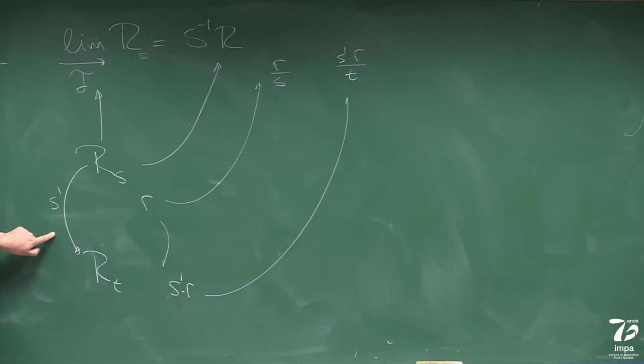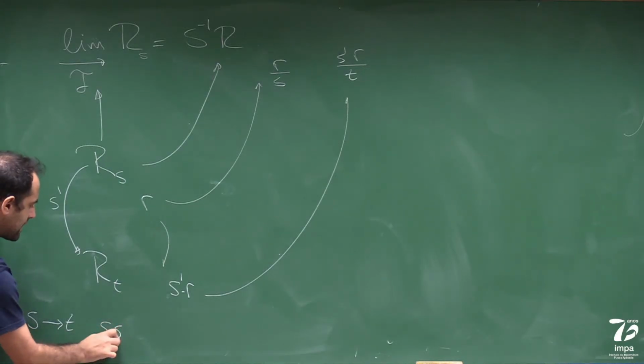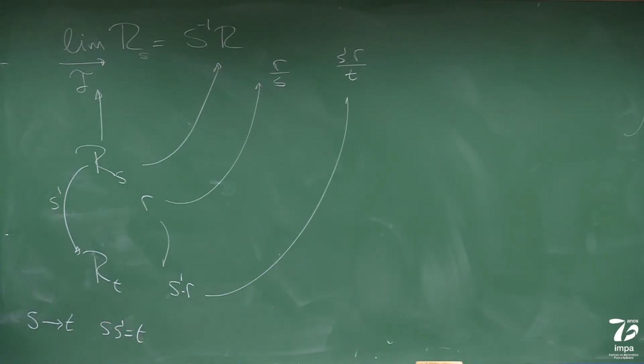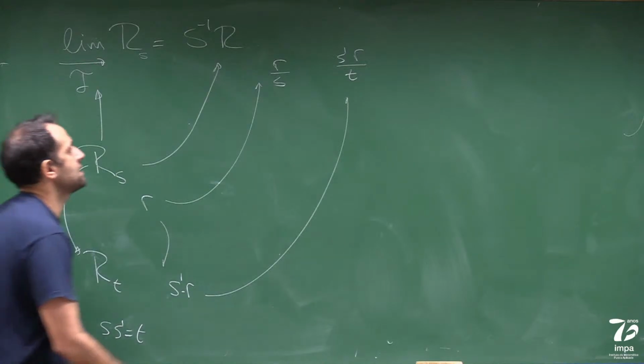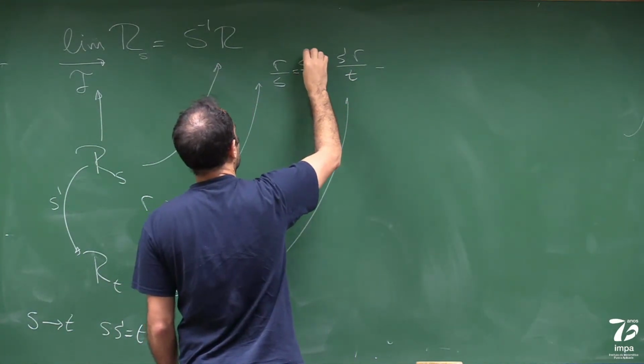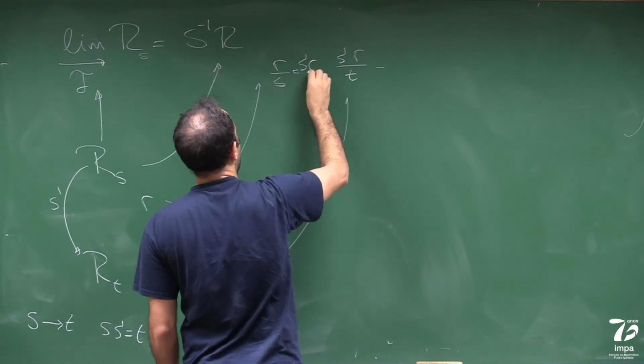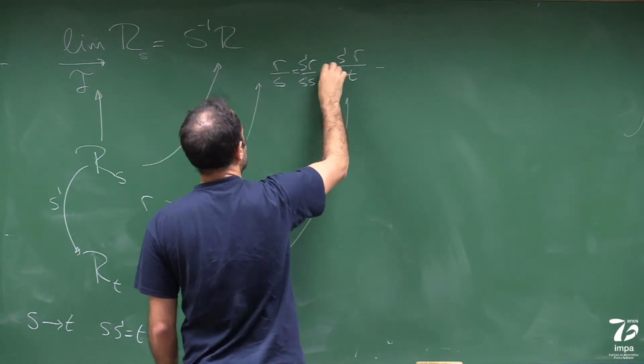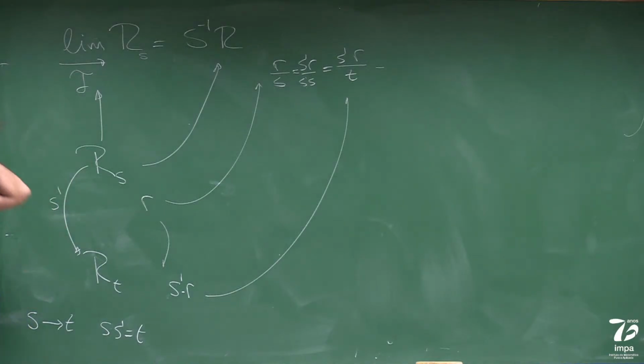But the morphism S prime was the morphism that satisfied, by definition, a map from S to T such that S times S prime is equal to T. So that means that this is equal to S prime R divided by S prime S, which is equal to that. So this diagram commutes.